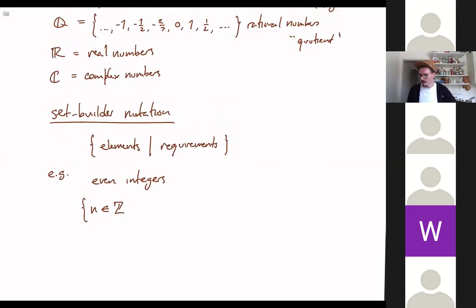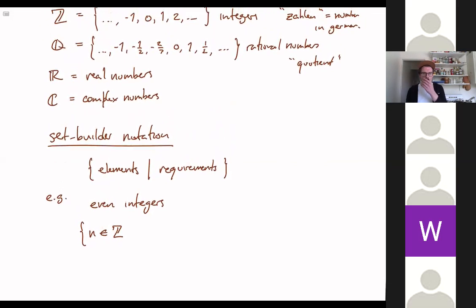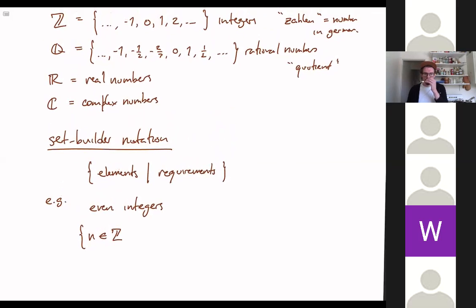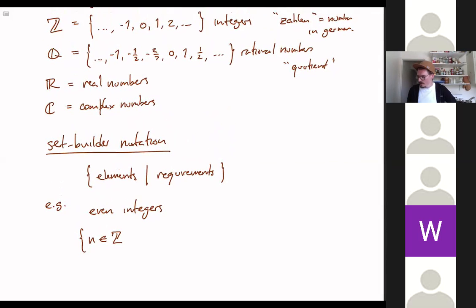Let's just bring that down real fast so we have the integers in view. So even integers are elements of the integers such that n is equal to 2k for some k. And let me say k should be an integer as well.